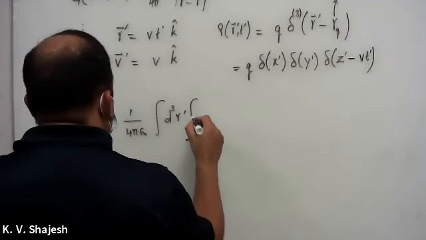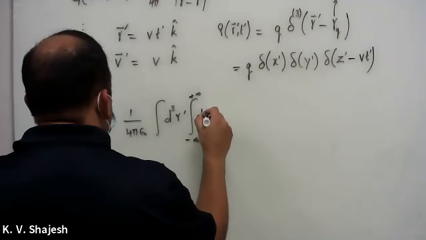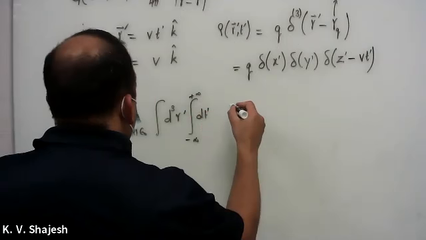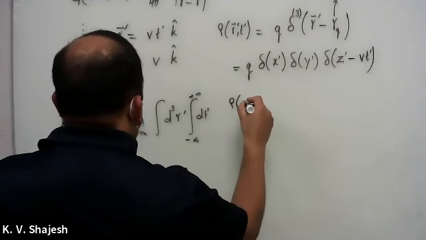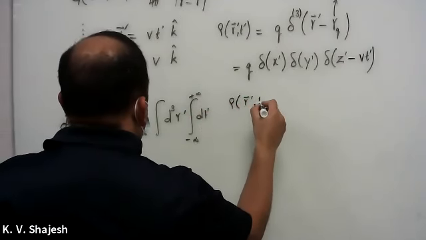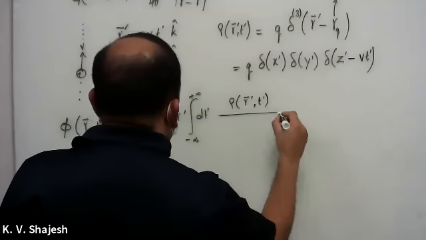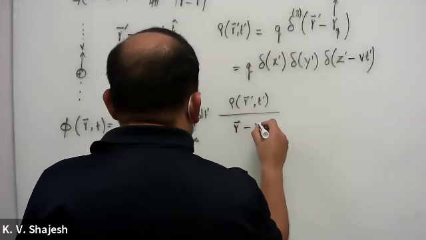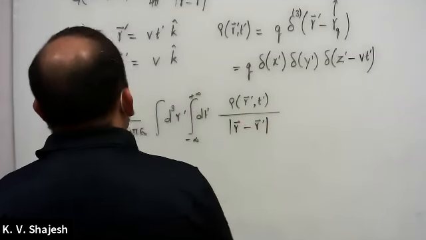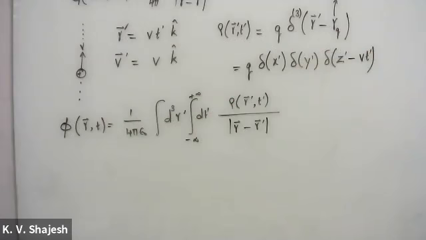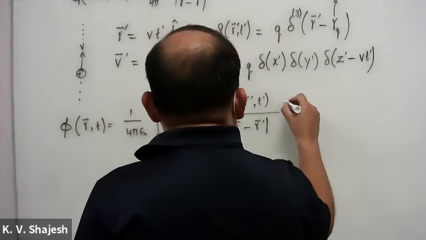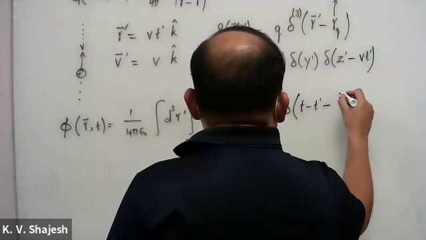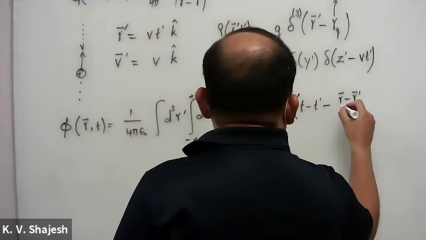So this is minus infinity to plus infinity dt prime. Dynamics involves taking care of all the times also. So this is rho of r prime comma t prime divided by r minus r prime. But remember, our Green's function has a new term in there, and that's the delta function of t minus t prime minus r minus r prime over c.